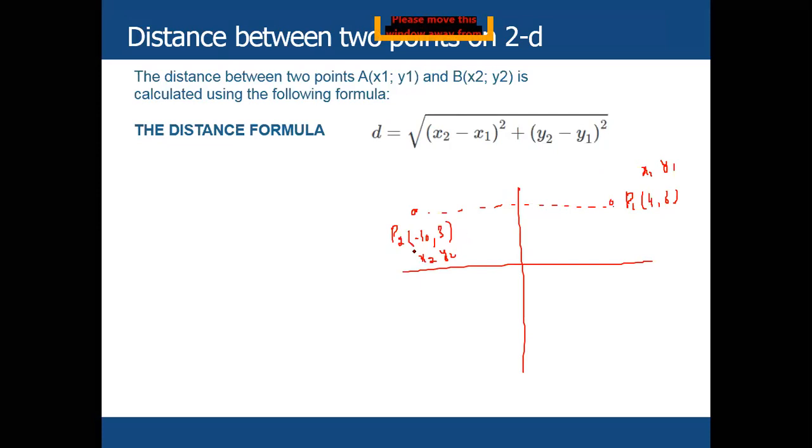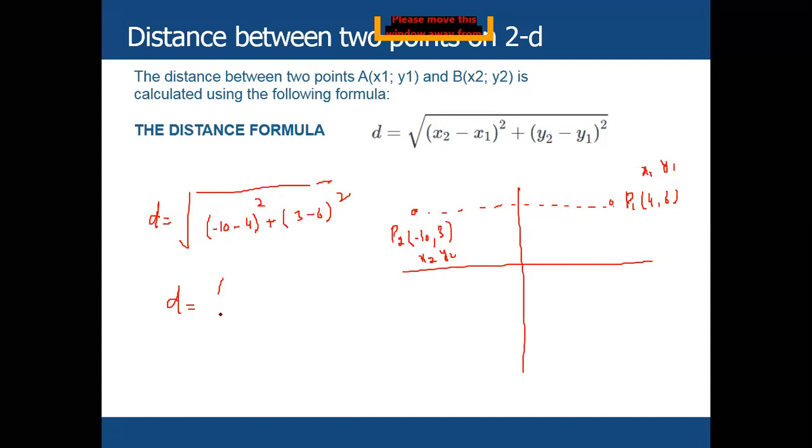If you take point number 2 (x1, y1) and point number 1 (x2, y2), the result will be the same, because this is distance. So distance is equal to the formula: x2 minus x1, where x2 is minus 10 and x1 is 4, whole square, plus y2 minus y1, where y2 is 3 and y1 is 6, whole square.